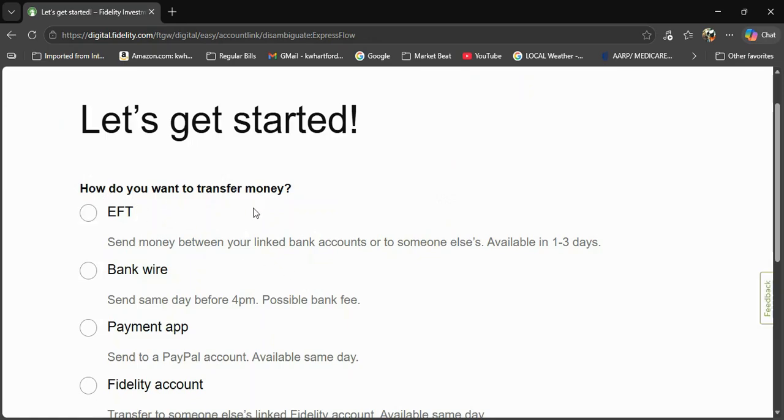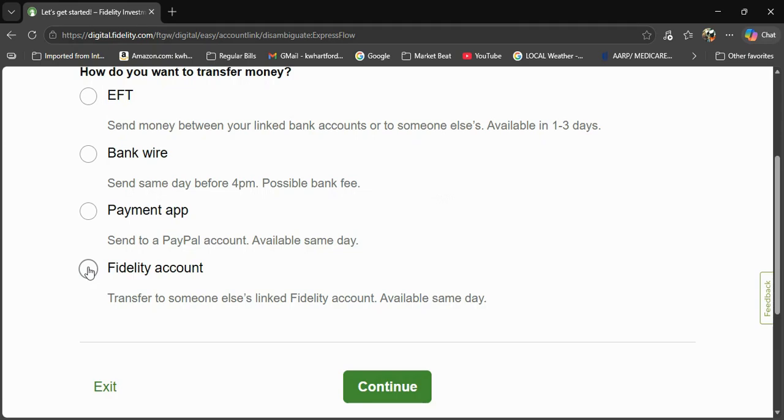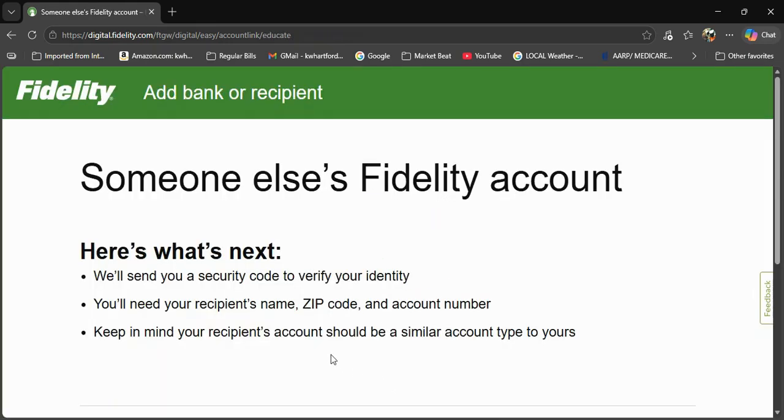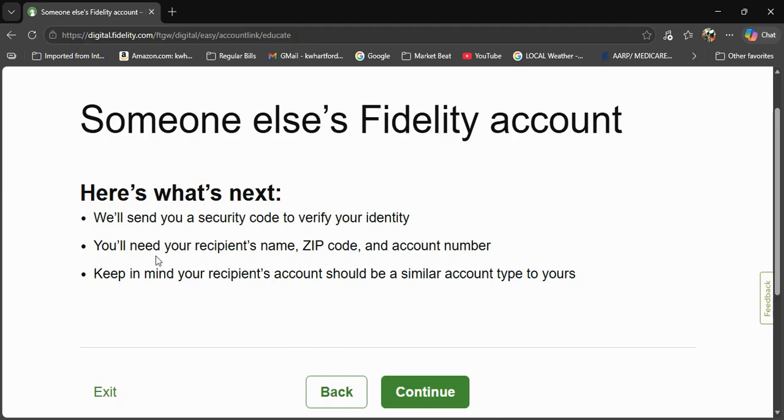And how do you want to transfer money? Fidelity account, transfer to someone else's linked Fidelity account, available the same day. First of all, you're going to get a security code, and then you're going to add the name, zip code, and account number of your child.